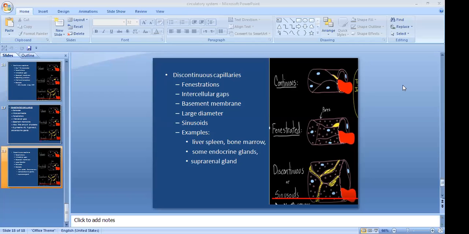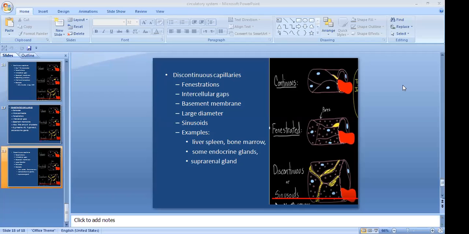The membrane is not continuous. In fenestrated capillaries and continuous capillaries, the basement membrane is continuous. But in discontinuous capillaries, the basement membrane is not continuous.